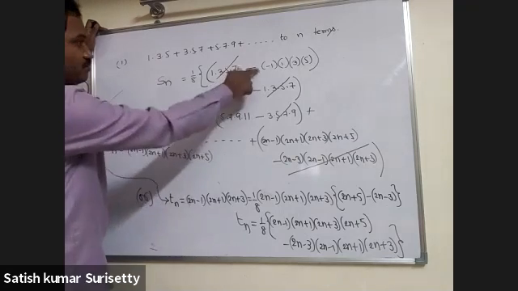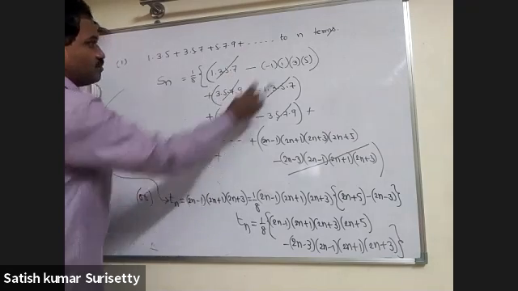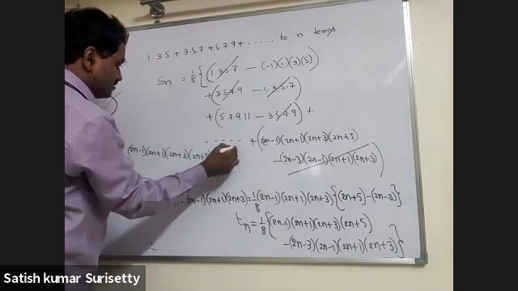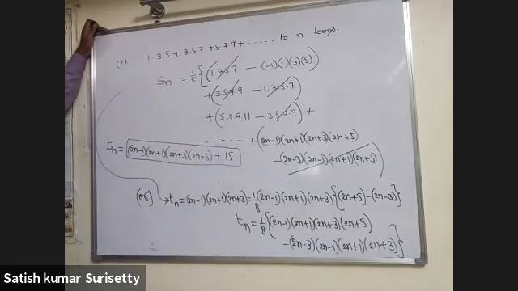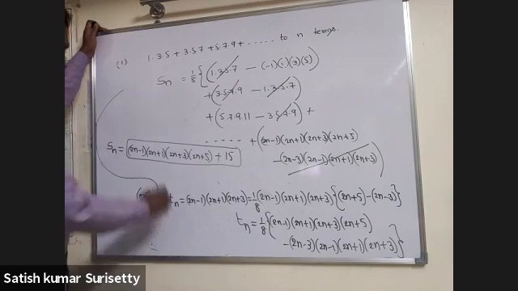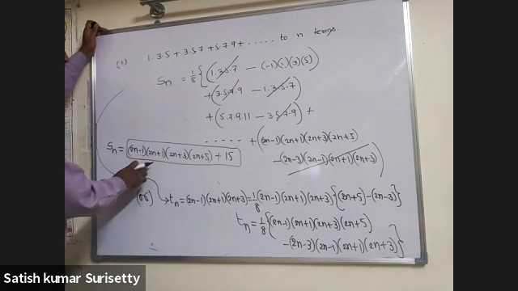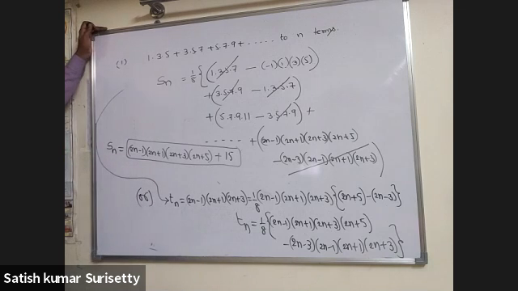What is the remaining here? Minus of minus is plus. So plus 15. This is also the sum of n terms, but the form is different. The answer which you got is different from this, but when you simplify and verify, both the answers will become the same.